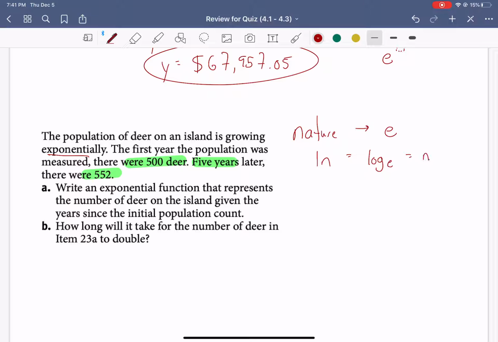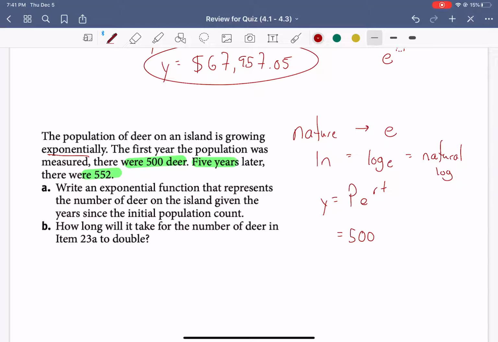We call that the natural log, and this is kind of why we have this little naturalness to it. So we need to use our equation for this. P, for us, we use it a lot for principal, which is for money, but that's just our initial value. So that would be our 500 deer.